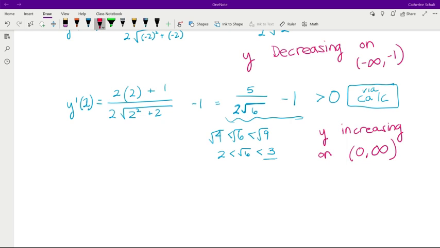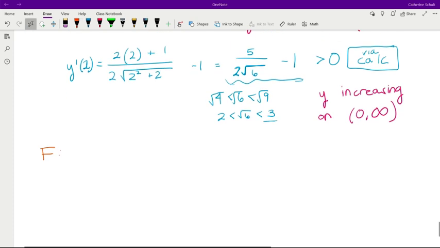Okay, so again, we can use that to sketch out our curve. Okay, so moving on. We're on part F. Now that we have that derivative set up, we can find all the local mins and max. Again, how we do that is the first derivative test.